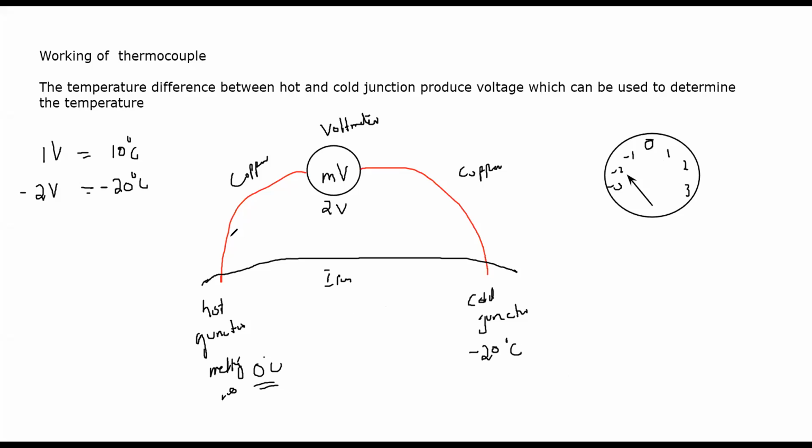So using this, you can also identify negative temperature. Only the difference will be, if the temperature is negative, the voltage will be negative. If temperature is positive, above 0, voltage will be positive. Is it clear?